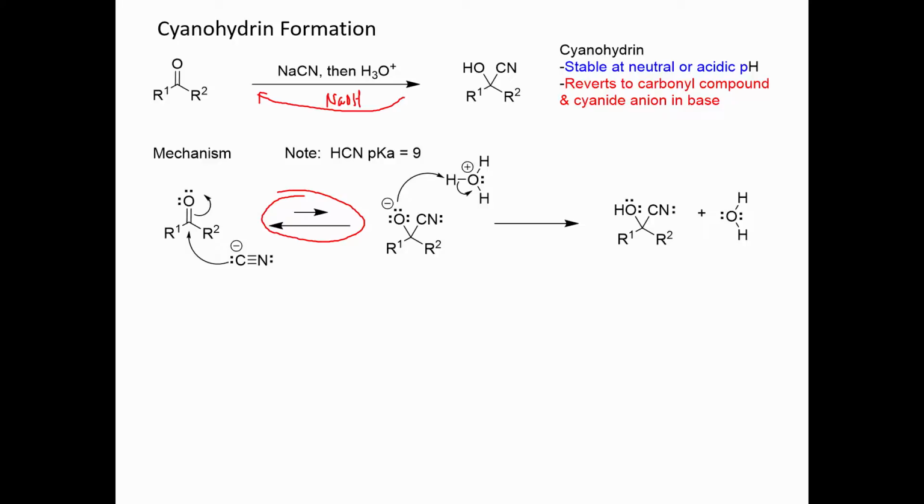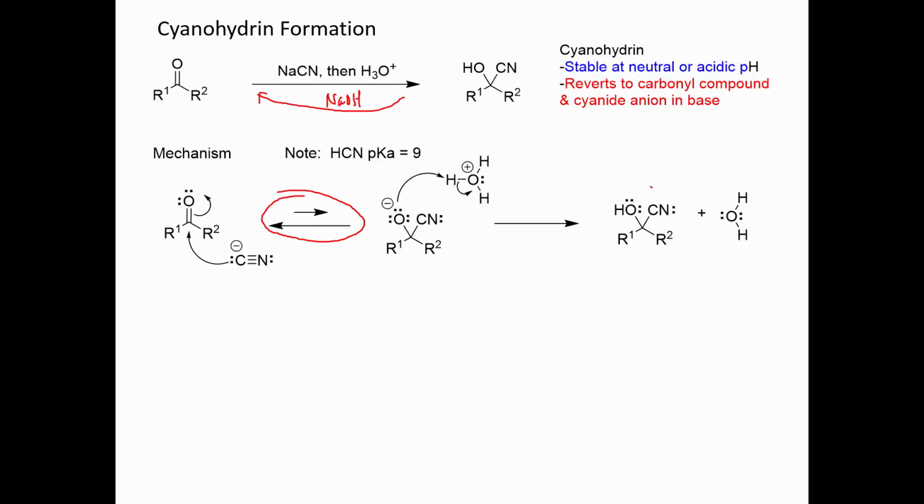An alcohol typically has a pKa around where water is, 16. Hydrogen cyanide has a pKa of 9. So if you just look at this from the base strength, it's more favorable for this reaction to go to the left.